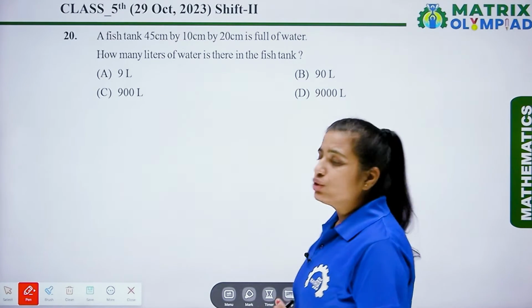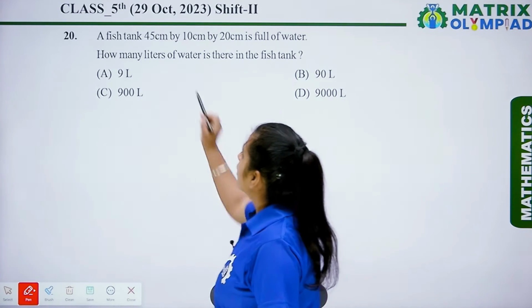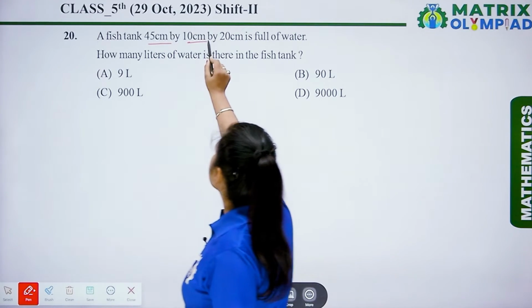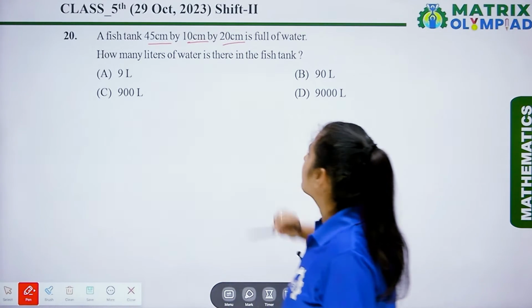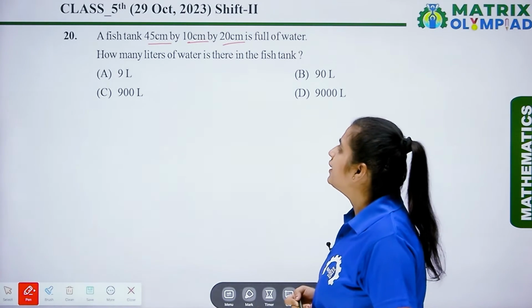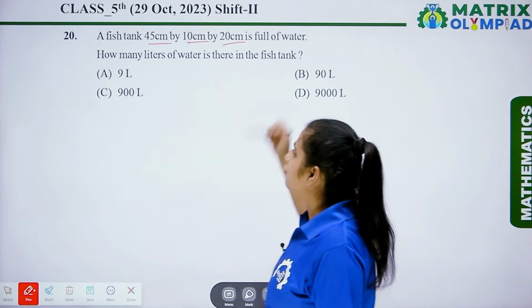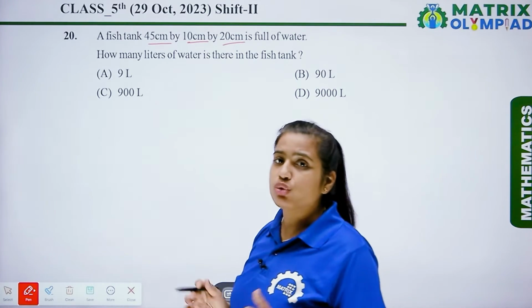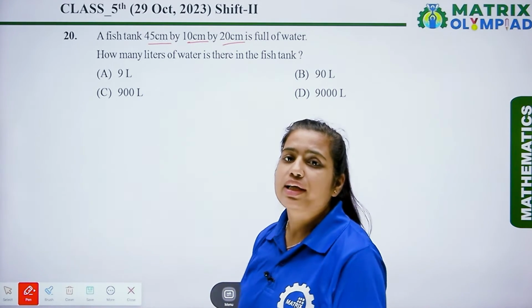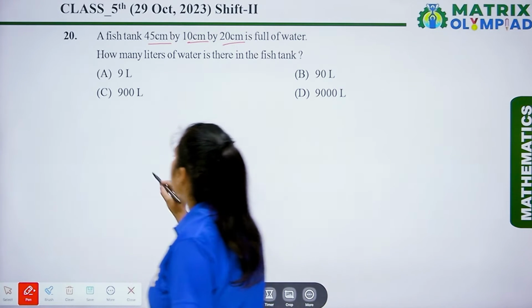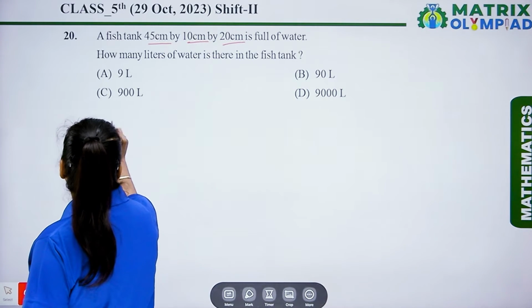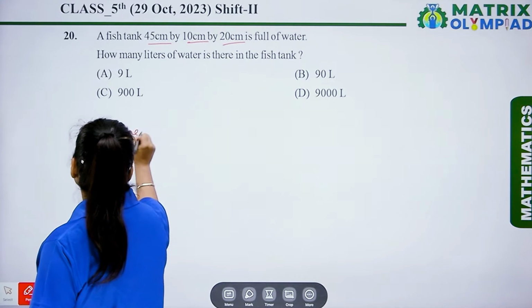Now the next question is question number 20. A fish tank 45 centimeter by 10 centimeter by 20 centimeter is full of water. How many liters of water is there in the fish tank? So we have to find out the total amount of water in the fish tank. So here let's find out the volume of the tank first.